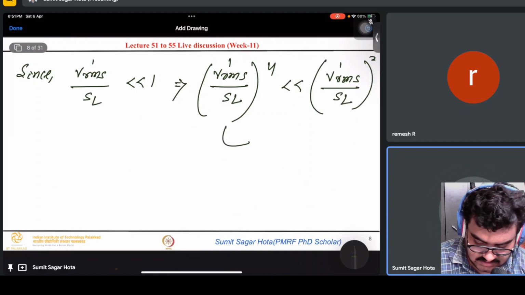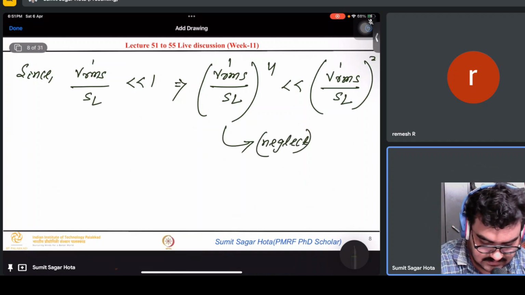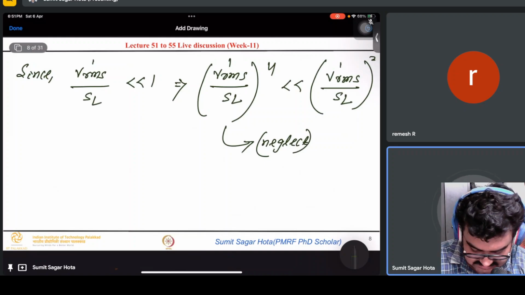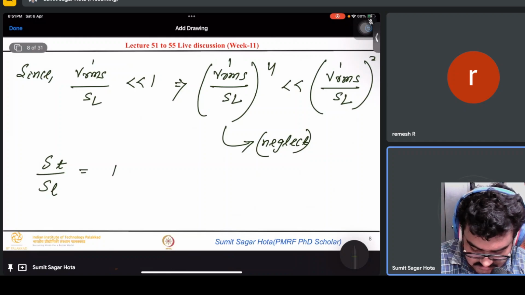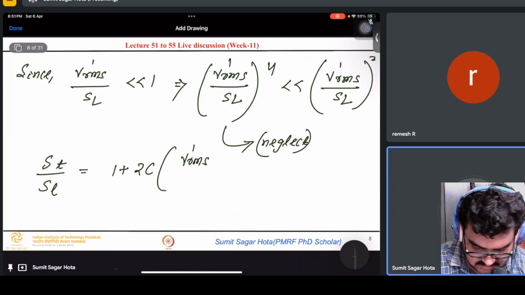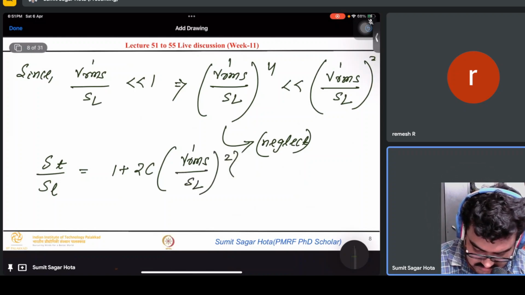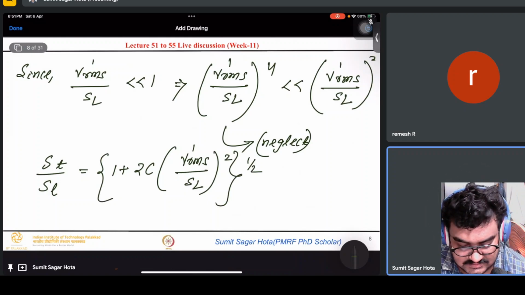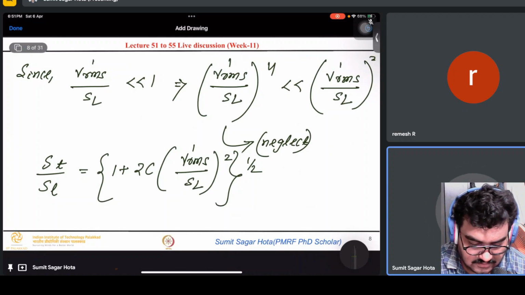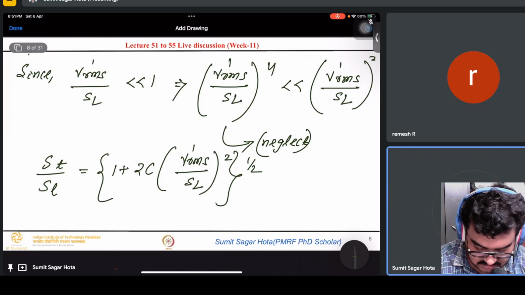So that means we can write the final expression as 2 plus 2C v_rms prime by S_L squared to the power 1/2, and again expand by the rule of binomial.